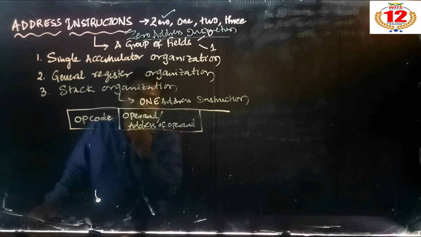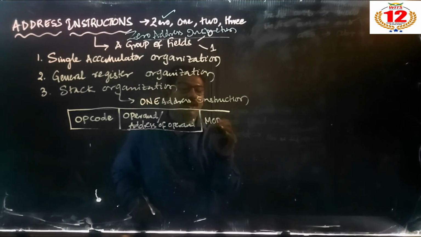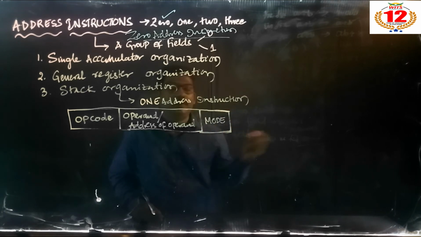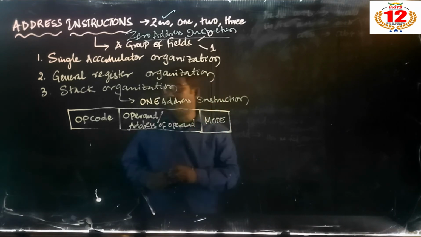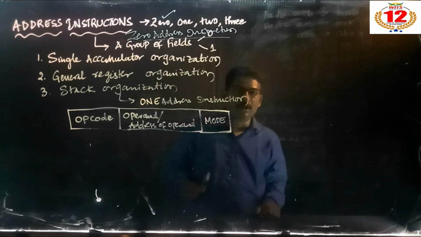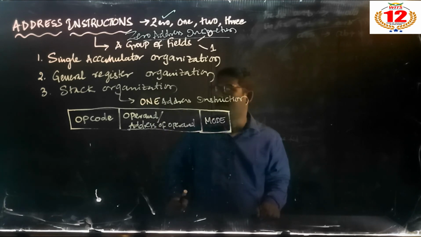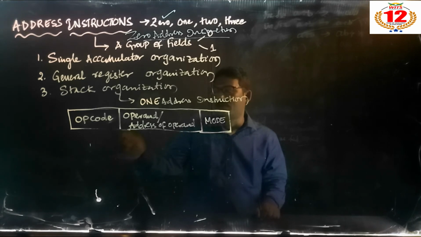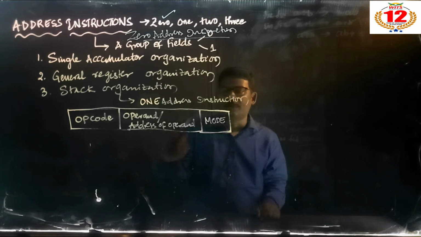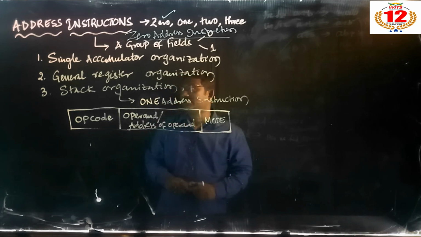The second is operand or address of operand, and next is the mode. So first one is the opcode, next is the operand or address of operand, next one is the mode. So this is about the one address instruction. In one address instruction, the first one is opcode, next is operand or address of operand, and next one is the mode.